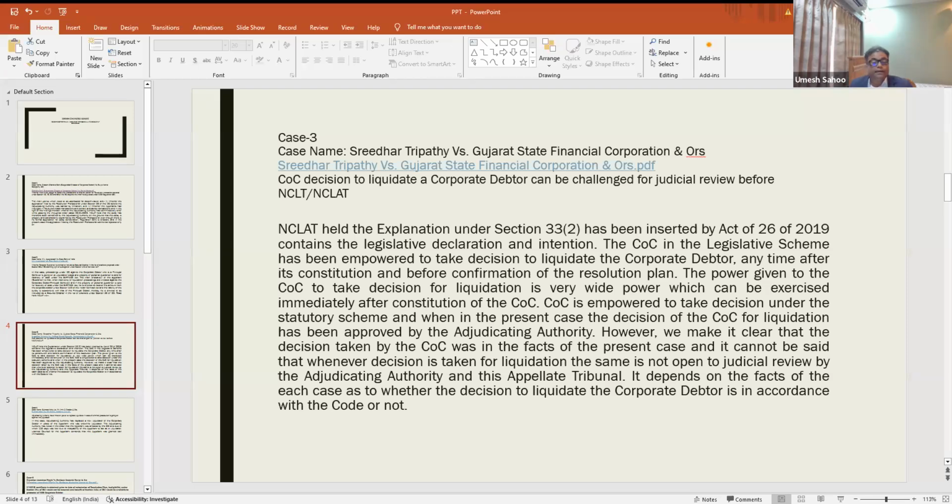All are aware of this. The reason shared by the COC for the resolution: the representative of the COC conveyed to the RP that the corporate debtor was non-functional and completely shut since the year 2002, its machinery has almost all become scrap, with some land and building also in a bad, depleted condition. It has not been a going concern, which is very important, for the last 19 years, and there is also no possibility of its being a going concern in the near future. Therefore, in such circumstances, continuation of the CRP would only involve more expenses and cost without any corresponding advantage. A very good resolution, sir.